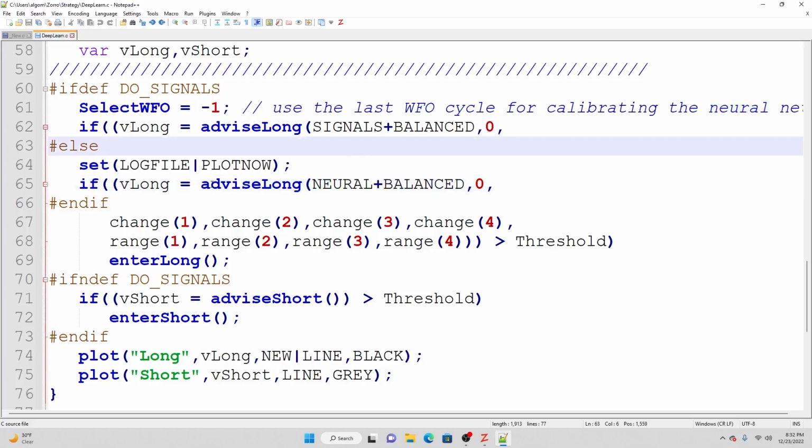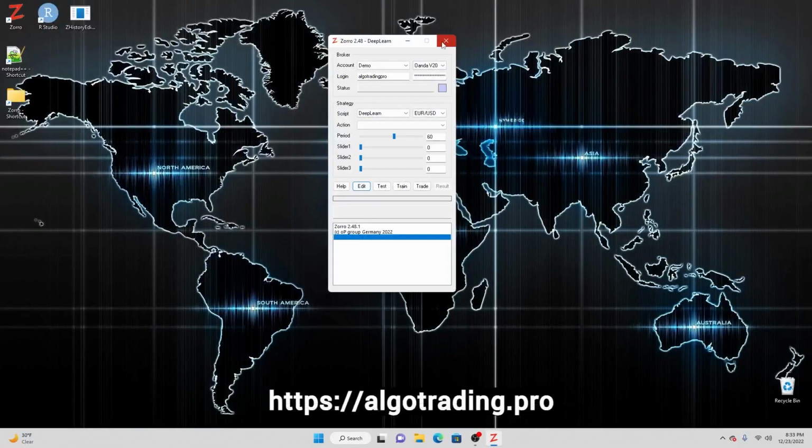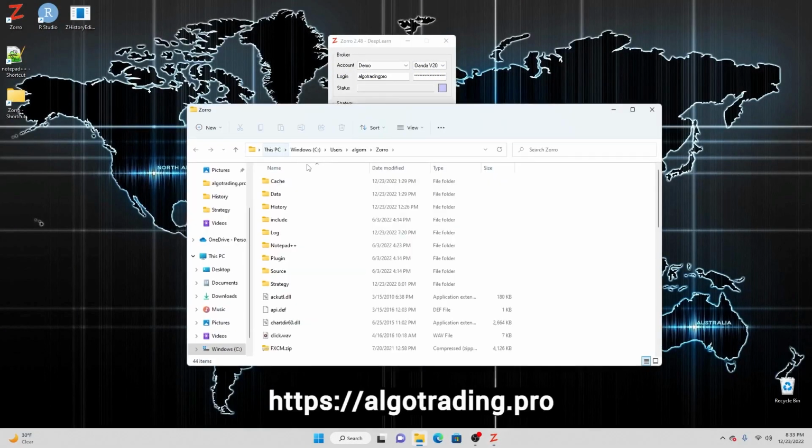And we know that these functions basically are calls to R in order to create, train, and use a neural network for predictions. So let's take a look into the Zorro Trader folder.